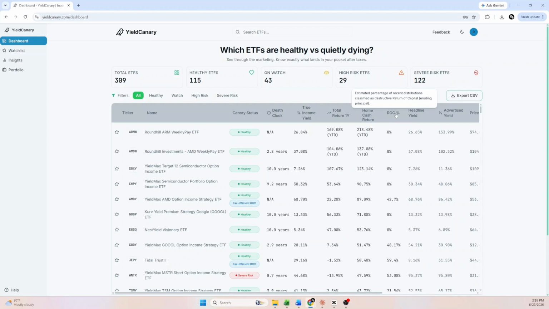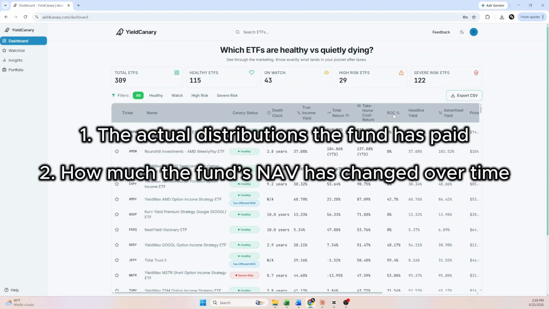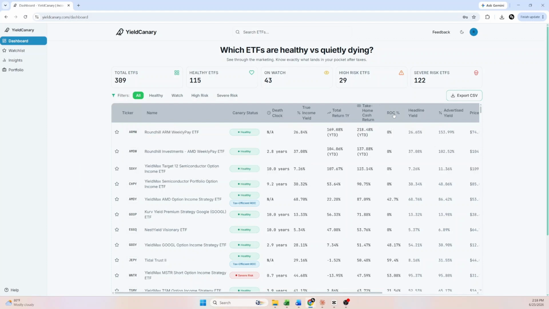Next up is the return of capital itself, and the way we calculate this is by looking at two main things. First is the actual distributions that the fund has paid, and then we look at how much the fund's NAV or share price has changed over time. So if a fund's paying out more than it's earning through dividends and options and the NAV is steadily declining, we calculate what portion of those payouts must be coming from investors' own capital.